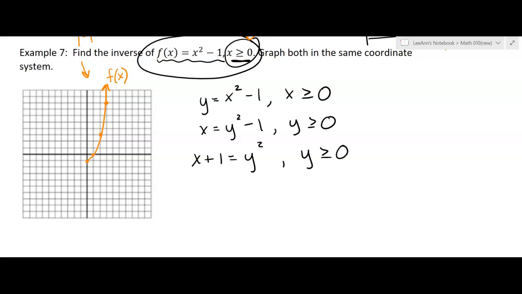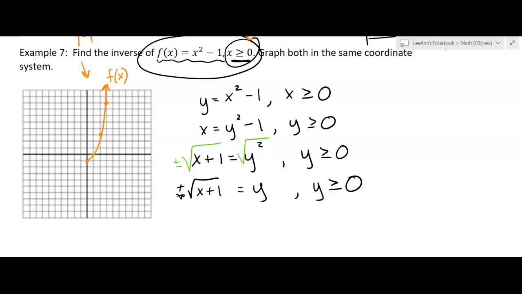And now we've got to take the square root of both sides. Okay, I am not putting in the plus or minus. I guess I could temporarily put it in, and then I'll change that. But right now I have plus or minus the square root of x plus 1 equals y. However, the restriction says that y has to be greater than or equal to 0.